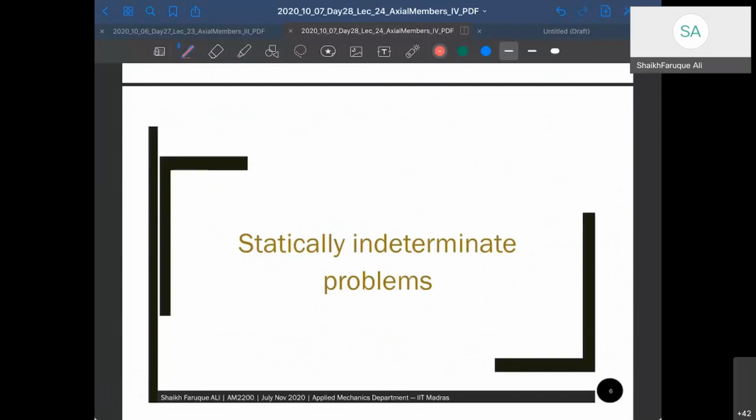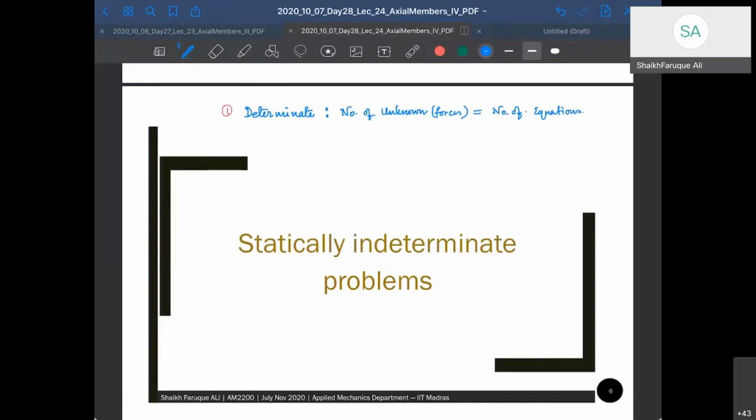So what are statically indeterminate problems? Structural problems or machine element problems are of two kinds, as you all know. One is determinate problems, and we all know the definition: the number of unknown forces is equal to the number of equations.